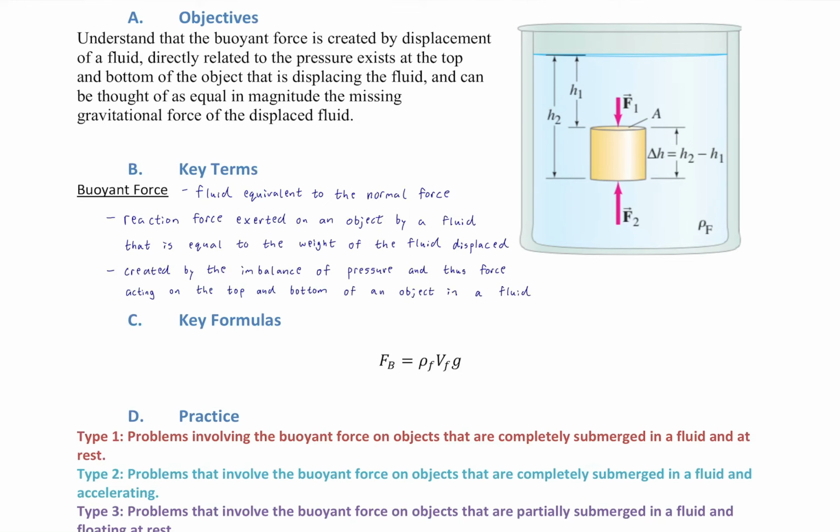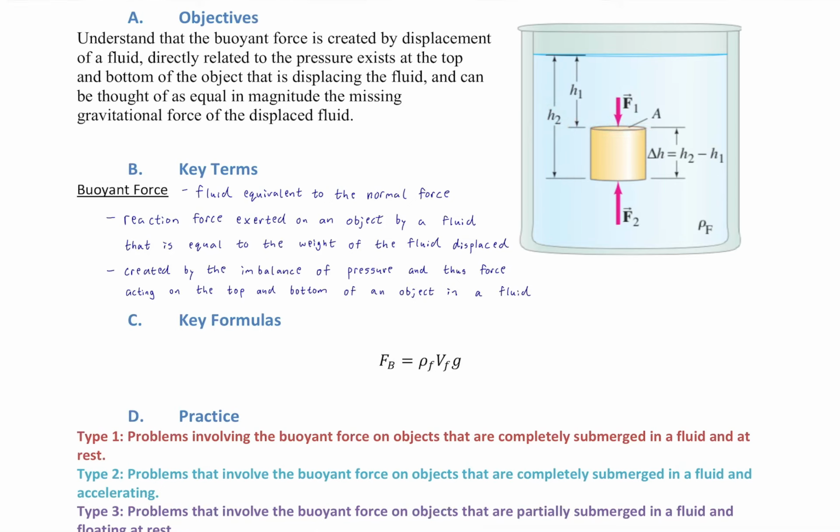And a little bit more of where it's coming from: it is created by the imbalance of pressure, and thus the force, acting on the top and the bottom of the object in a fluid. The imbalance in pressure means an imbalance in force. Consider an object here: the bottom of the object is at some depth h2, the top is at some depth h1.